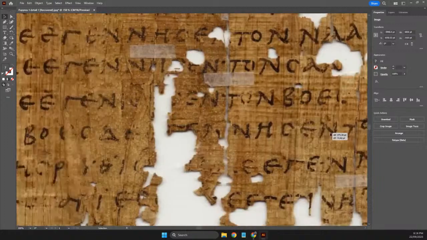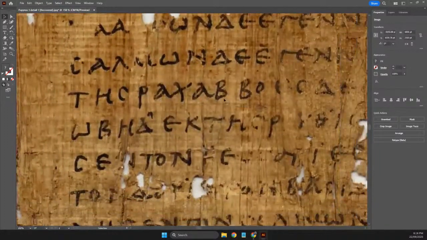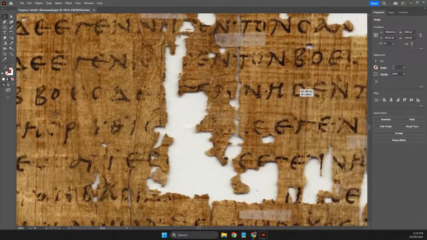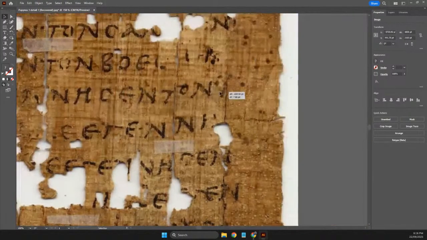Okay, so let's go down here. So then we have Tes Rahab, which is very clear that's what it says. And then it says Boaz. So it's very clear that is an epsilon there. Boaz there, egennesen ton.